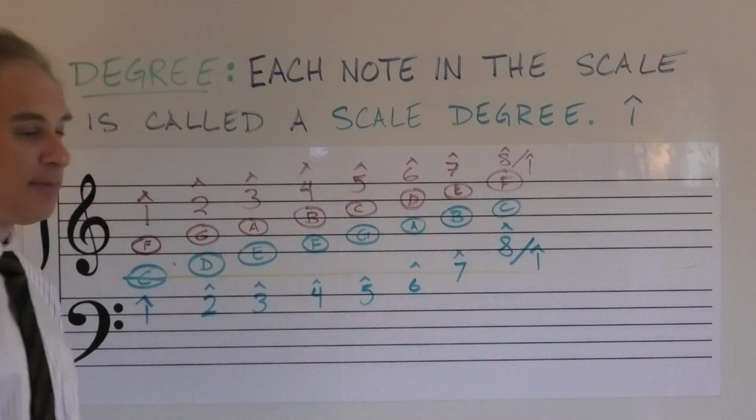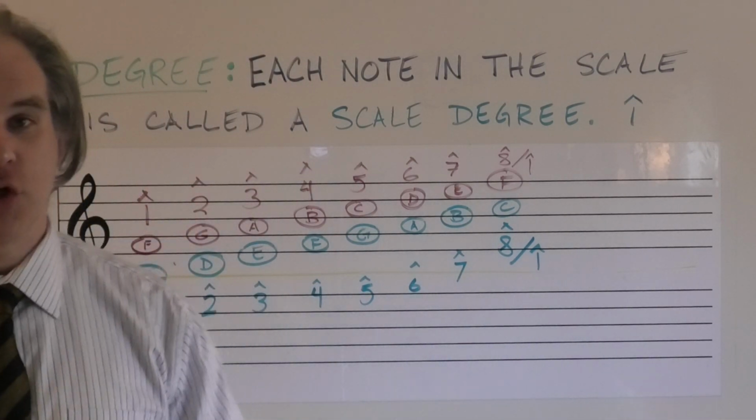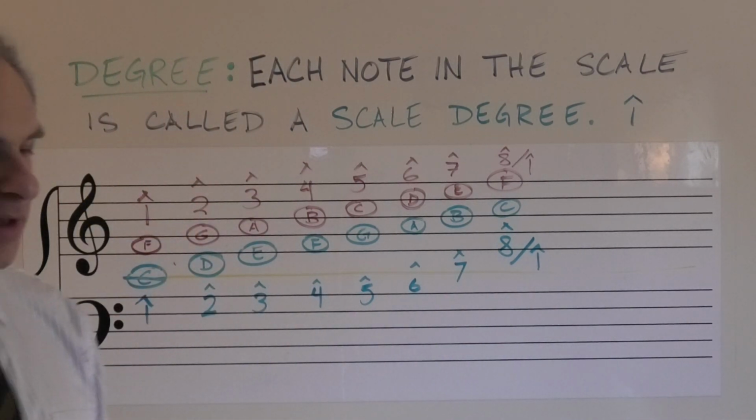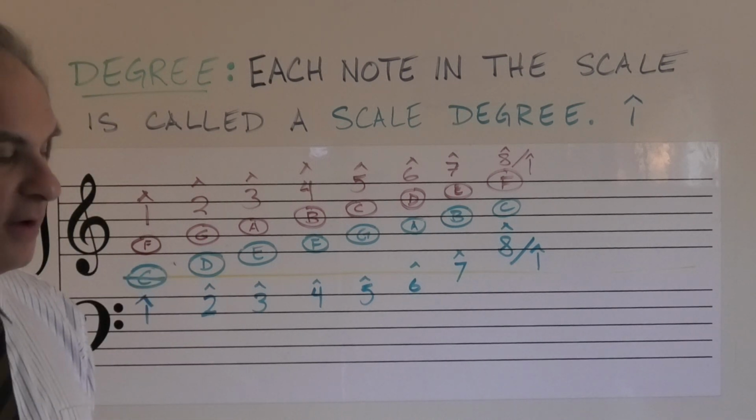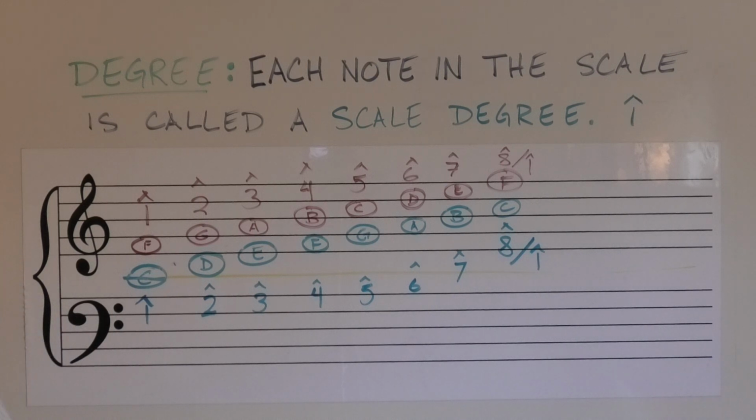So anything you can play in the key of C, you can play in the key of F. If something is written in C and you play it in F, it's called transposition. You are transposing.